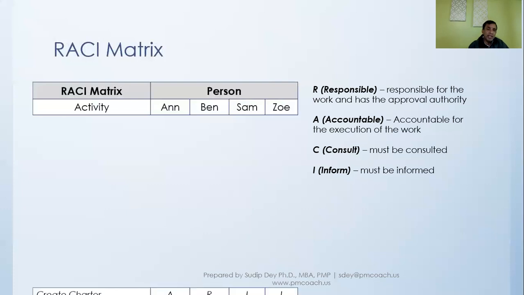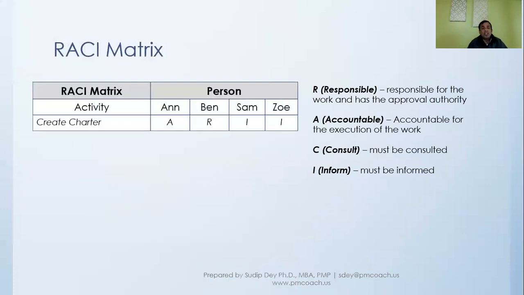So if you take an example, let's say that in this particular project, we have an activity called Create Charter. And in Create Charter, we are saying Anne is accountable, Ben is responsible, and Sam and Zoe are to be informed. So this is what we have put together for this activity. So we know exactly for this activity who is playing what role.